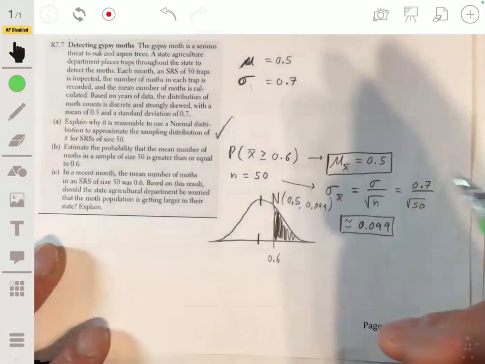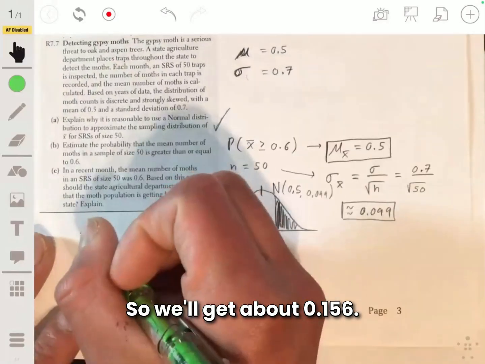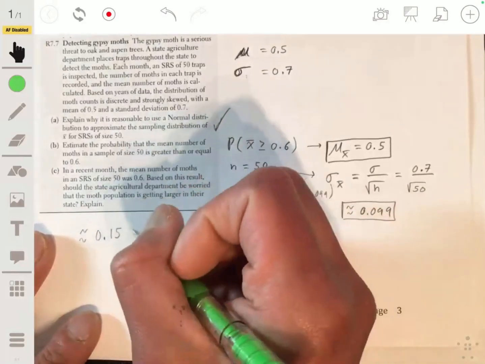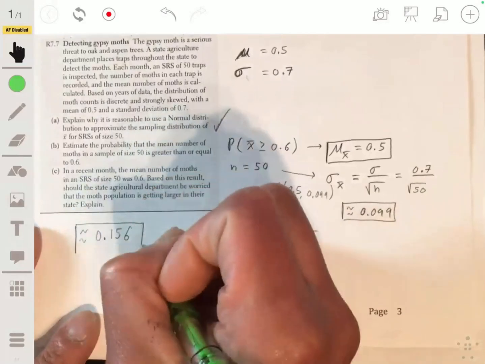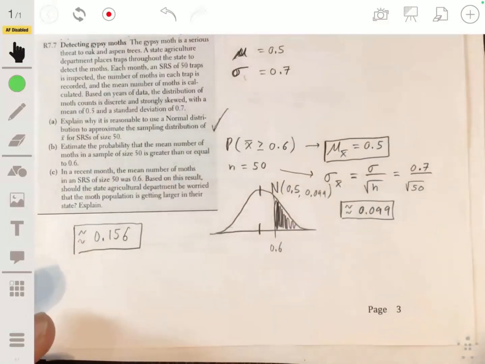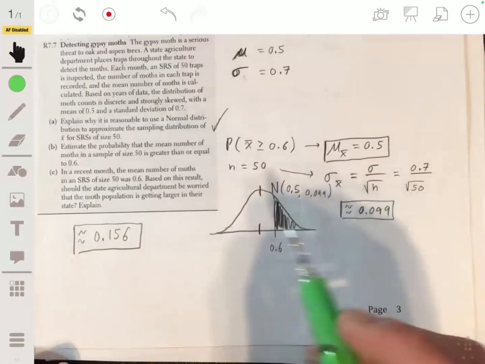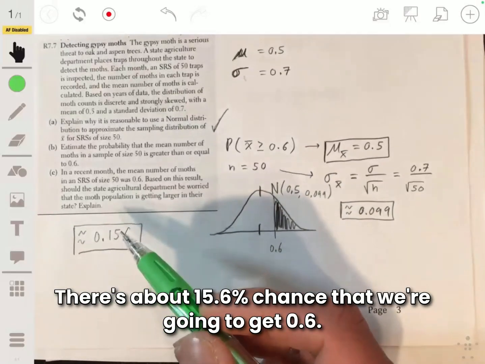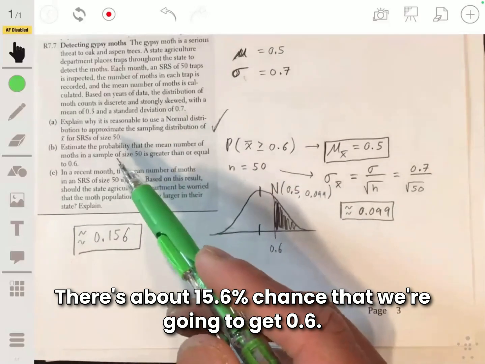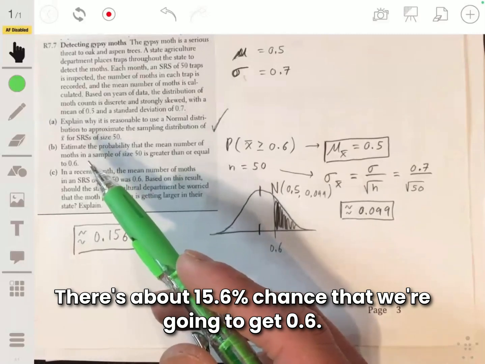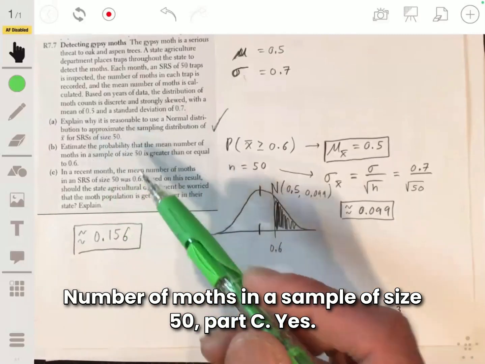We'll get about 15.6%, so about 0.156. There's about a 15.6% chance that we're gonna get a mean of 0.6 moths in a sample of size 50.